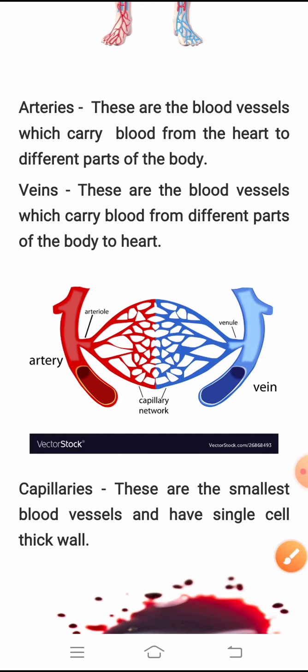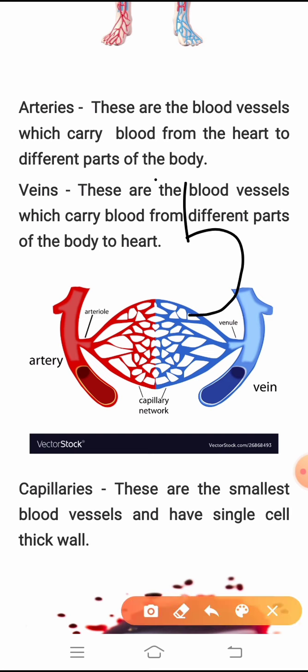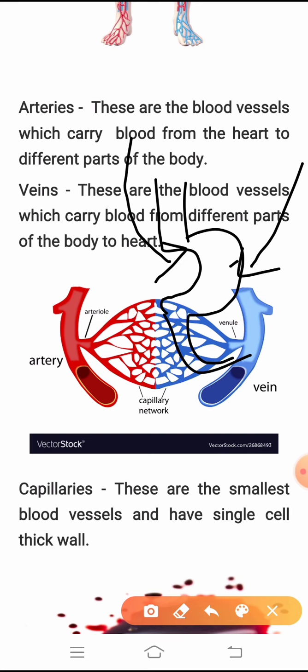For example, if you take the stomach as an organ, this stomach also contains cells, right? Now the blood is reaching it from the arteries or maybe the veins, but their walls are thick, so they cannot directly transport the blood to each and every individual cell.